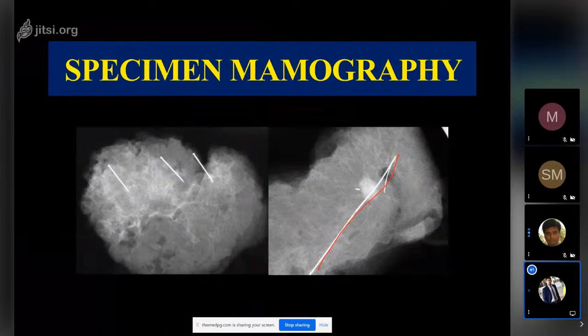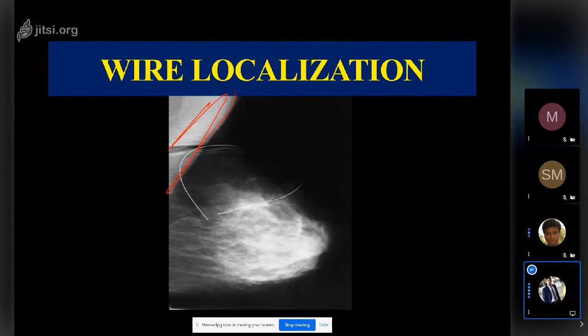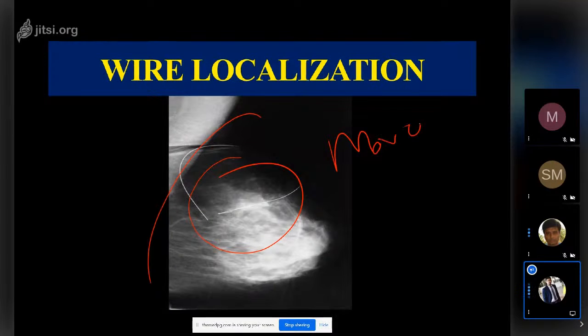So what is this exactly? Before doing a resection of the breast, if you see in this image, this is the pectoralis major, and this is a normal breast. What I have done is keep a needle at the site of the tumor and then ask the surgeon to operate. He will give a good margin around this needle and then operate, so that the margin is very good and we will not retain any tumor tissue there.